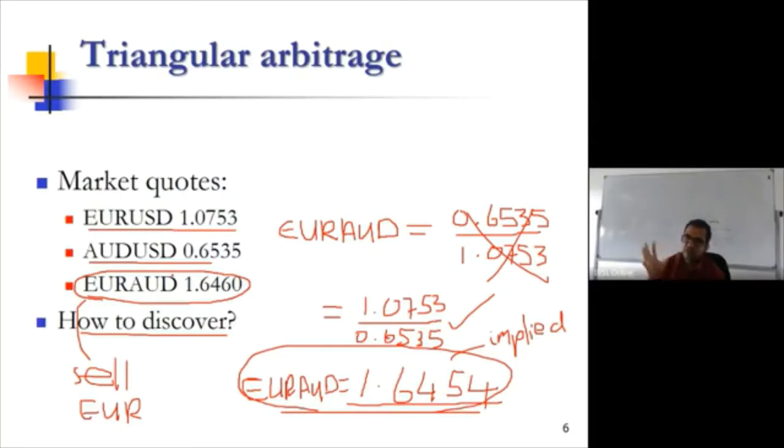Your position in euros would be 0. You will realize the profit in Australian dollars. We'll see how to do that later. However, at this point you can understand there's a difference, and if there's any difference, you sell wherever it is expensive, and you buy in the place wherever it is cheap.